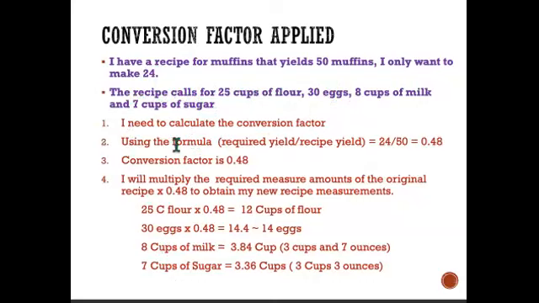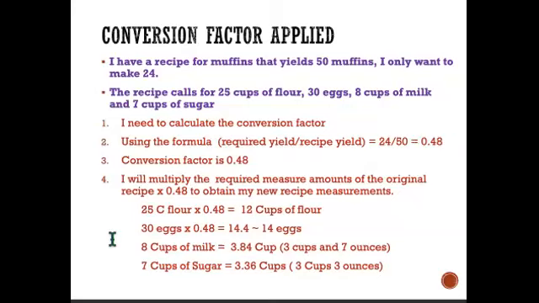So first, I need to calculate the conversion factor. Using the formula that I gave you before, 24, which is the amount of muffins that I need, divided by 50, which is the amount of muffins that the original recipe will yield. That will give me a conversion factor of 0.48.